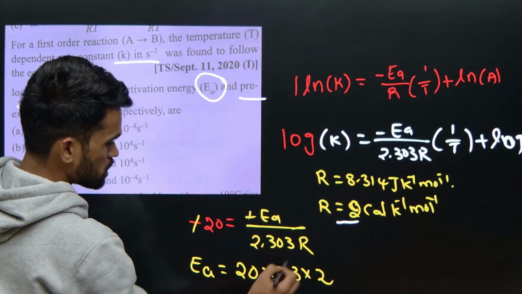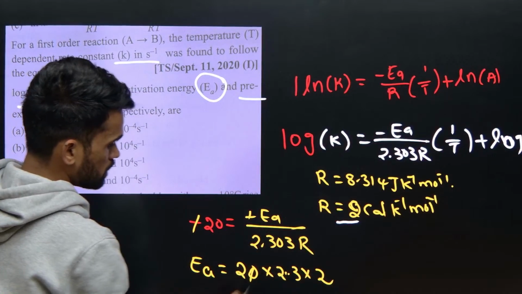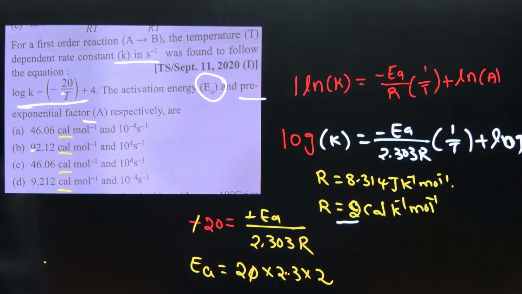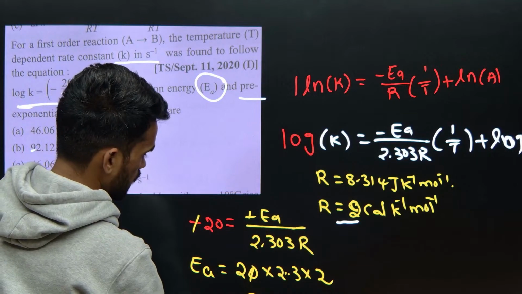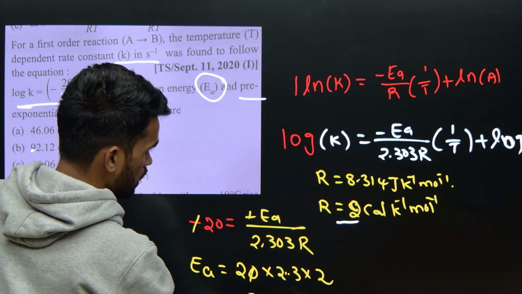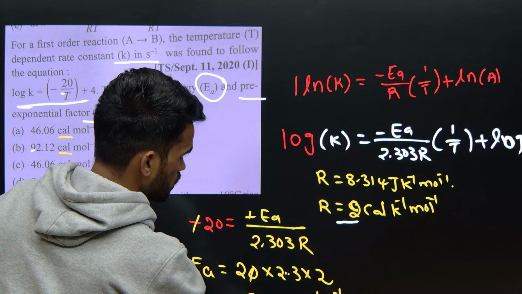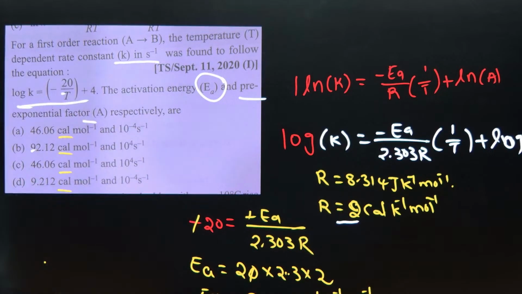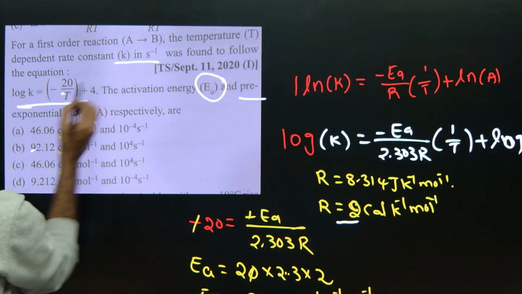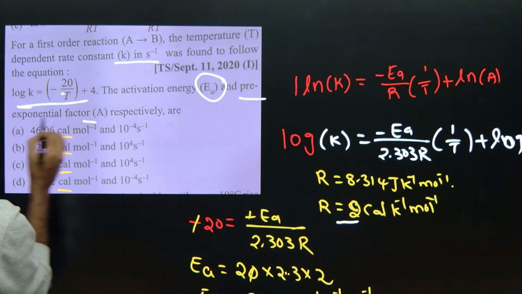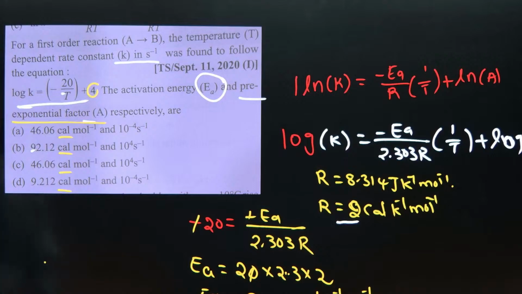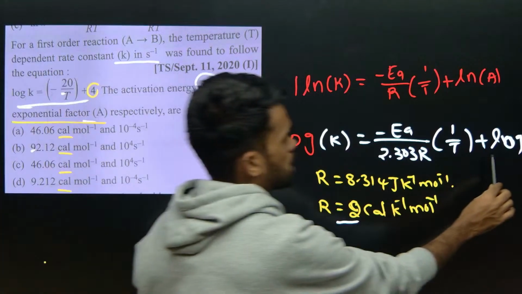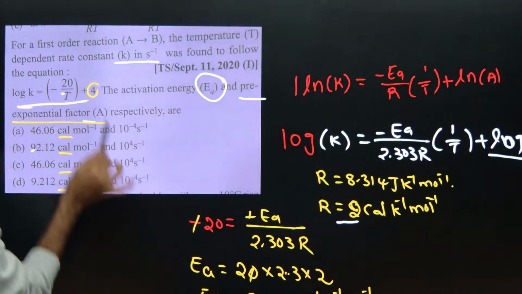By simplification, how much will it be? It will be 92.12 here. So 92.12 will be the answer for this question. EA you got. Along with that, they are asking for the pre-exponential factor A. Here, in the place of log A we have 4.